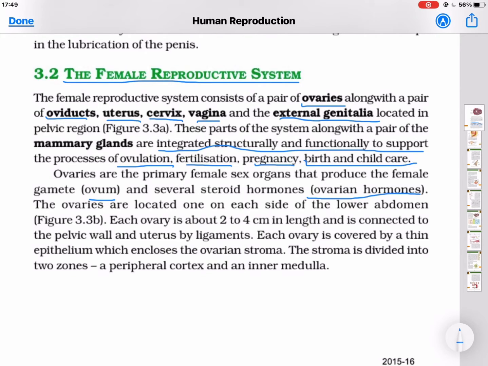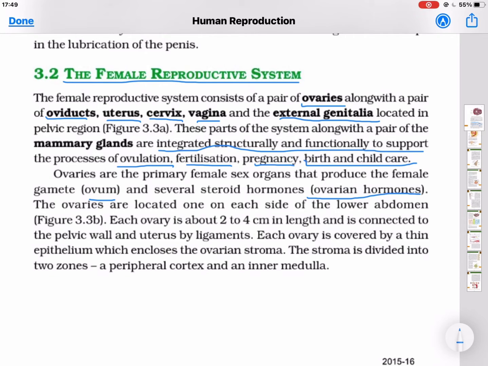The ovaries are located one on each side of the lower abdomen. Ovaries are present inside the abdomen. Each ovary is about 2 to 4 centimeter in length and is connected to the pelvic wall and uterus by ligament.